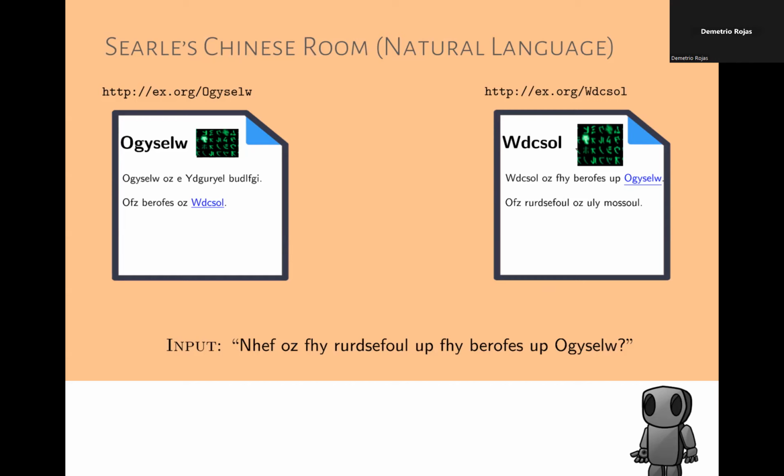So we have this input question, which is nef us fi words foul up fi berofs up ogisel you. So what's the answer? You have all of the information you need here, so it should be relatively easy.